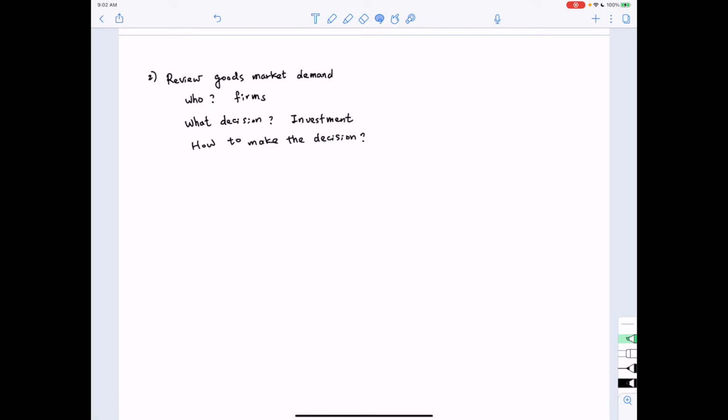Then we ask how to make the decisions? Well, the firm maximizes the profit by choosing the optimal level of the capital stock. And then we said earlier in this semester's class that the decision rule sets the marginal product of capital equal to the user cost of the capital.